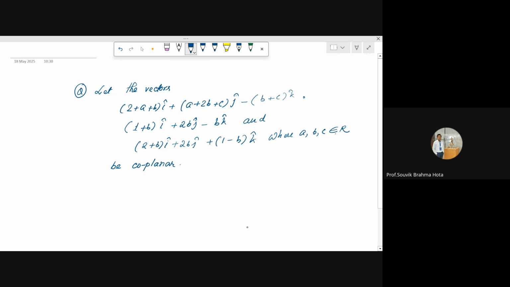So let these three vectors be coplanar. Then which of the following is true?